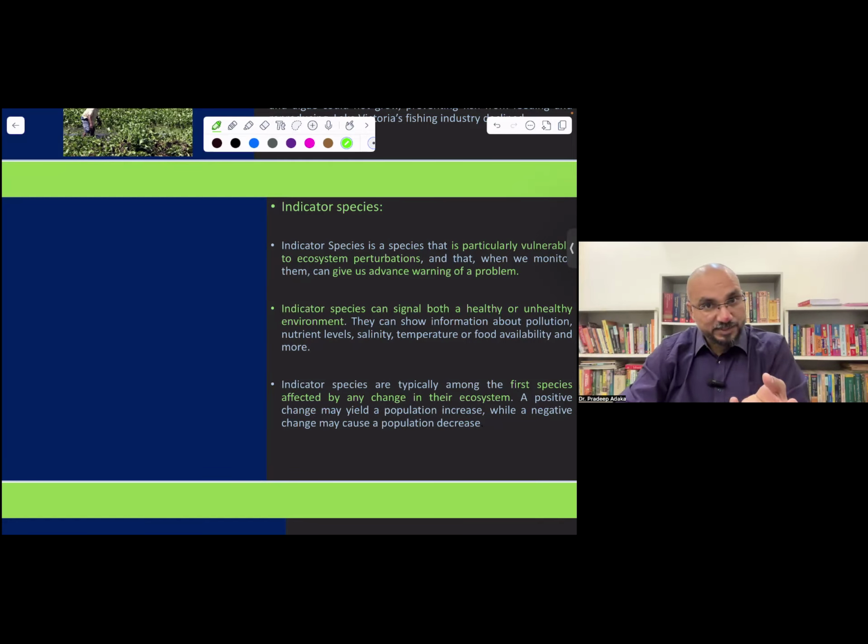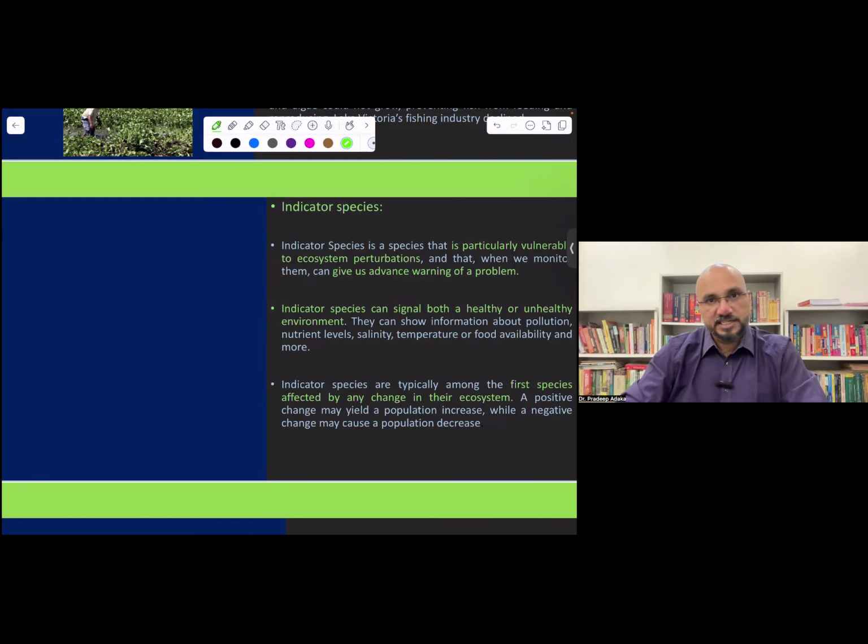So by looking at these species, you can tell the health of the environment. They are very sensitive, they get affected first. You can tell whether the environment is getting polluted or it is healthy. So these species will give you information about the health of the environment.